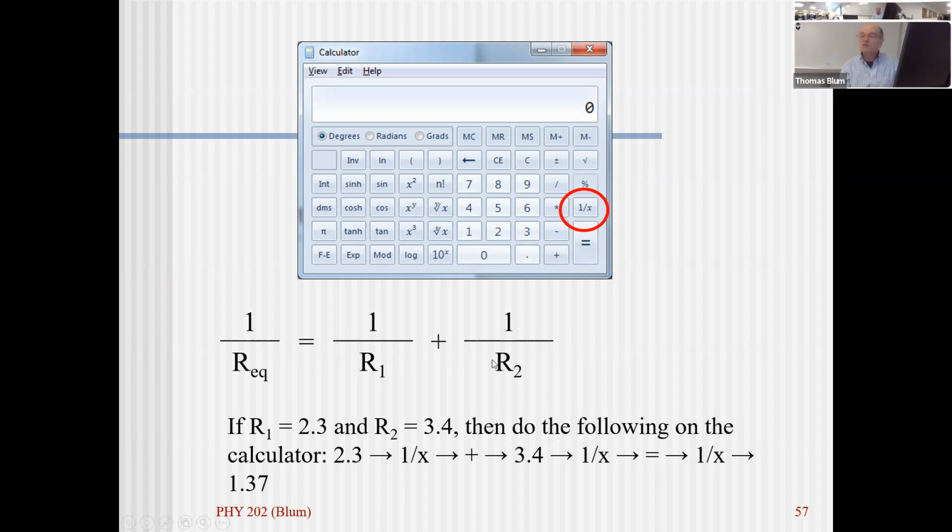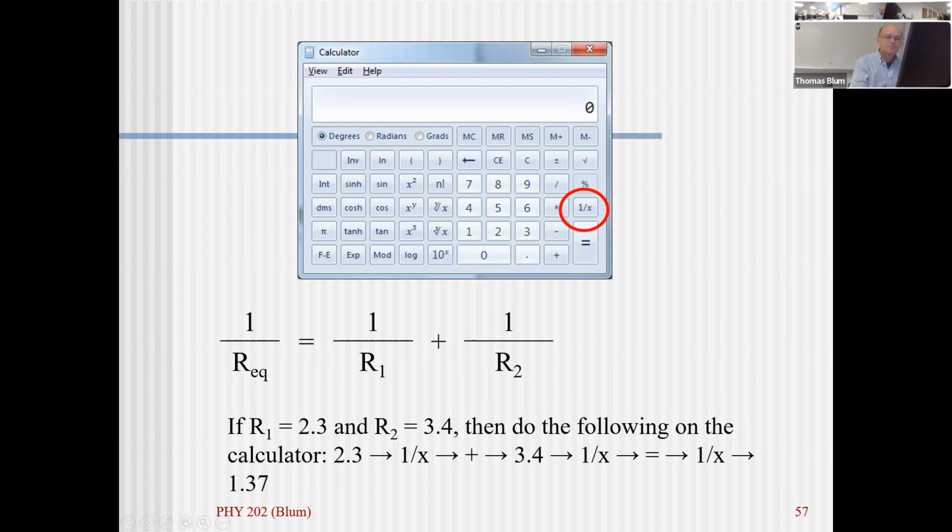Our parallel formula has 3 reciprocals in it. So if you're doing the calculation with the reciprocal button on your calculator, you expect to use it 3 times. If you know another way, do it your way. I don't care, get it right. This way works, gets it right.